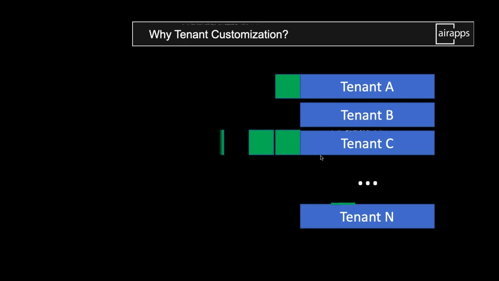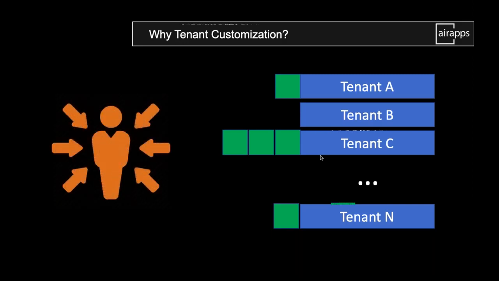And this is tenant customizations. They are in the green boxes. So tenant A, for example, can have one extension, tenant C can have another extension, and tenant N another extension. That's because the customer should be in the center. We're making Business Central for the customer.